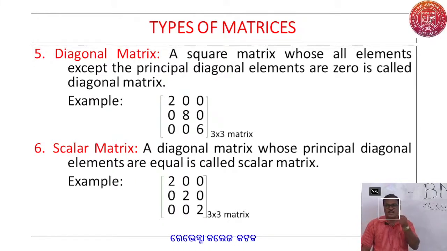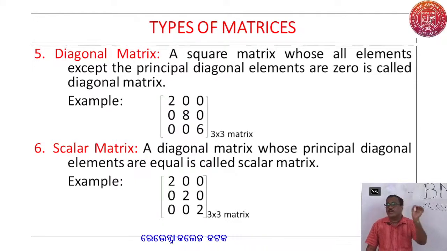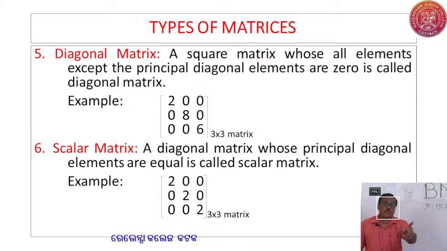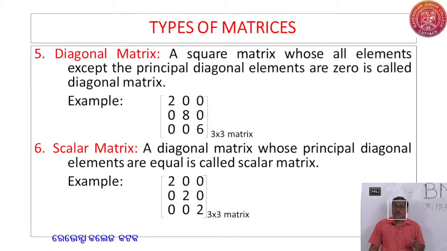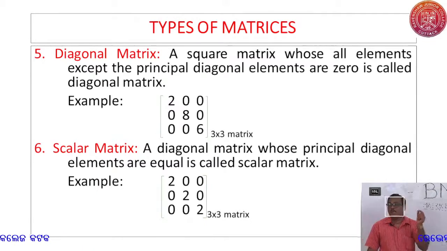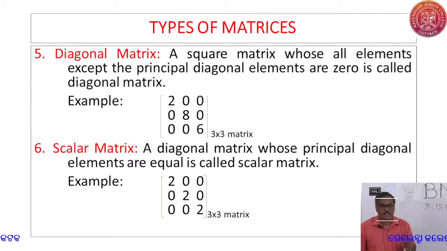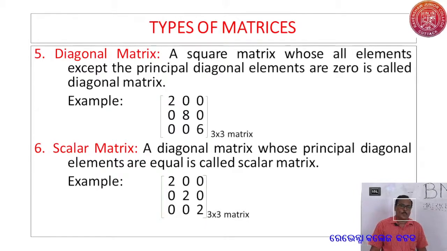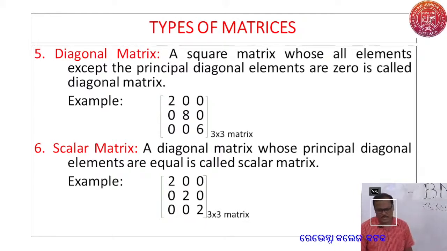So these are the two characteristics we found. The first is that it must be a square matrix, that means the number of rows and columns must be equal. And the second is that all the elements are 0 except the principal diagonal elements, or leading diagonal elements. So this is called a diagonal matrix. Then another type of matrix is the scalar matrix.